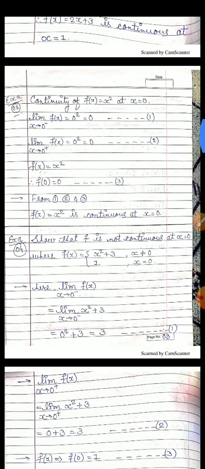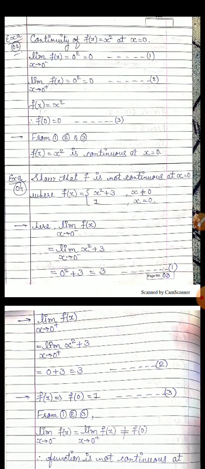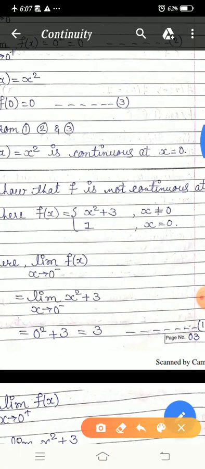Suppose our next question is example number 4 from our textbook. Show that f is not a continuous function at x equals 0, where f of x is given to you. See here, instead of one function, two different functions are given. The first function is x square plus 3 whenever x is not equal to 0, and f of x equals 1 whenever x equals 0.